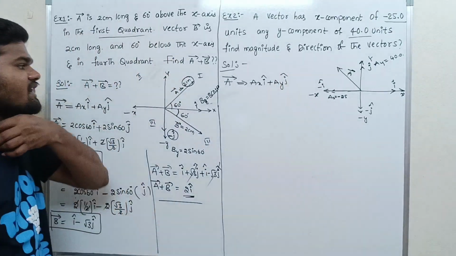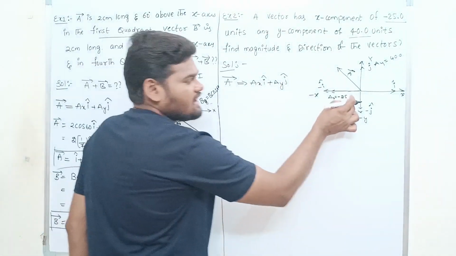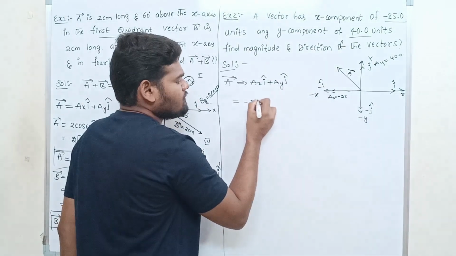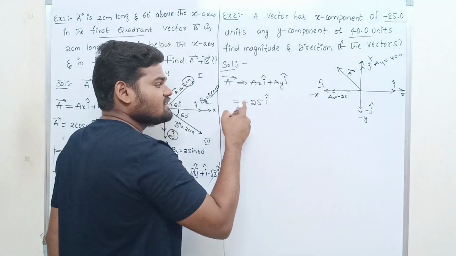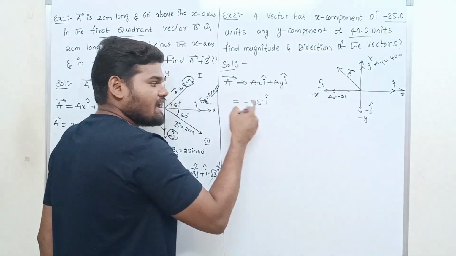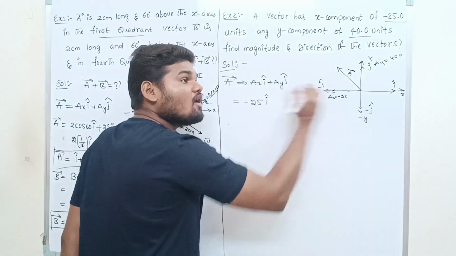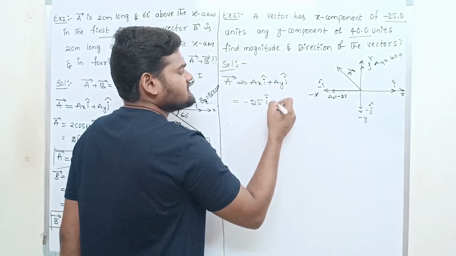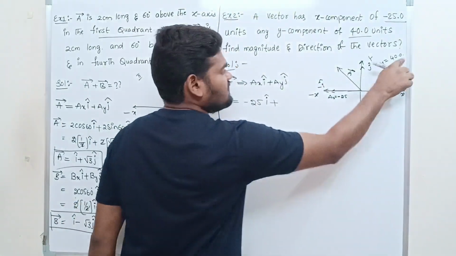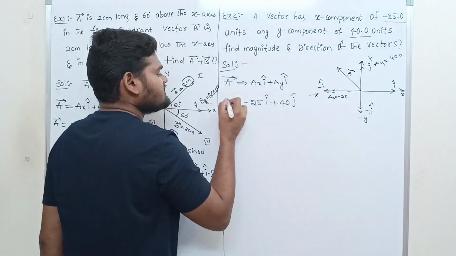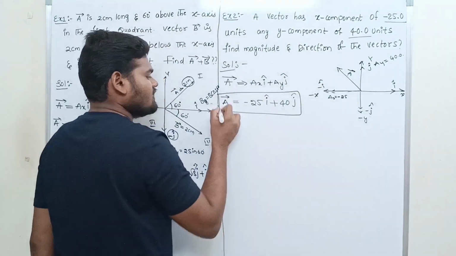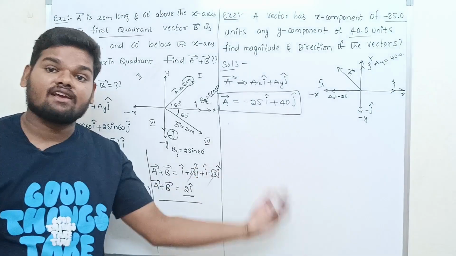Ax is equal to minus 25 I cap, and the I cap direction is minus, that means along the negative x direction, plus Ay, which is 40 along the positive y direction, j cap. So this is our required a bar vector.